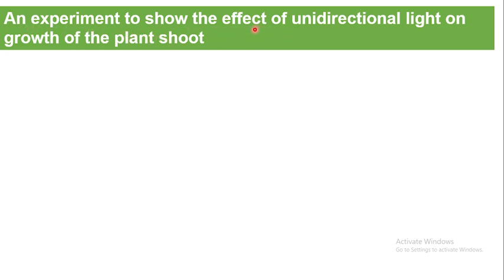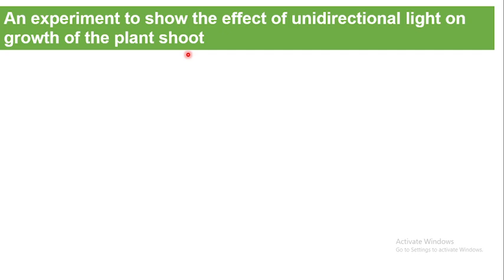So describe an experiment to show the effect of light on the growth of plant shoot. Remember, by shoot we mean stem, leaves, flowers, and any other growing bud, and these grow above the ground.